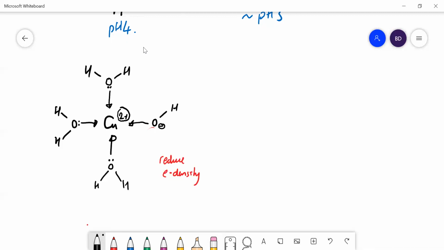Now, if you think about a 3+ ion, you'll be able to see that that's going to be more electron withdrawing. So the Fe3+ ion is more acidic than copper 2+.